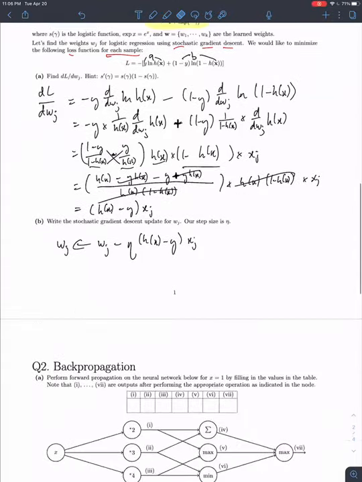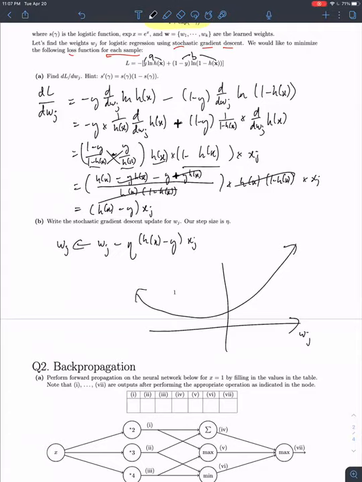Maybe to draw a picture: suppose this is wj, and this is the loss, and we're right here. Then d loss dwj would be positive, and we want to go that way, so we want to subtract a little bit.